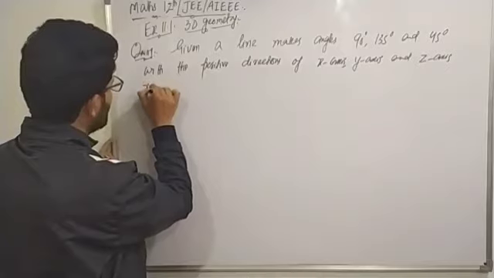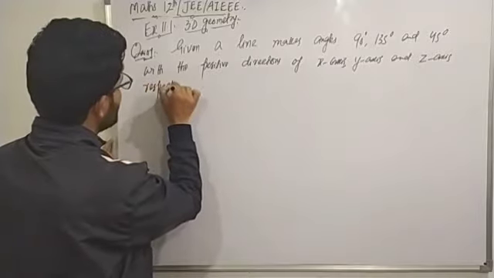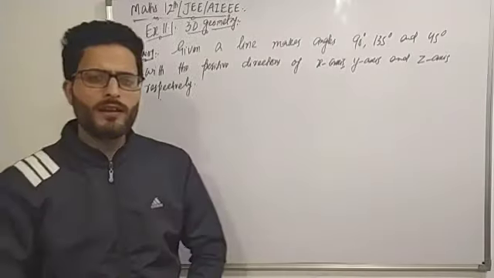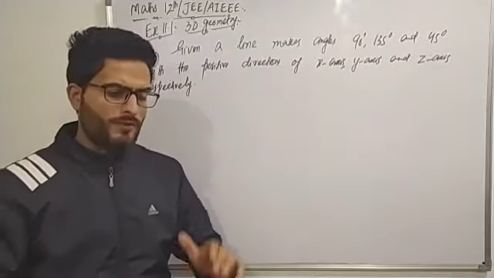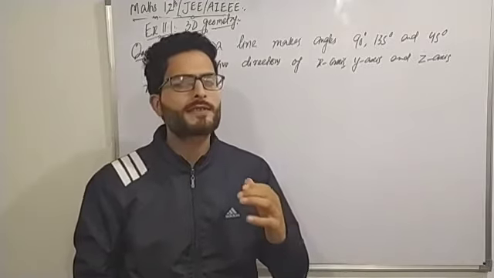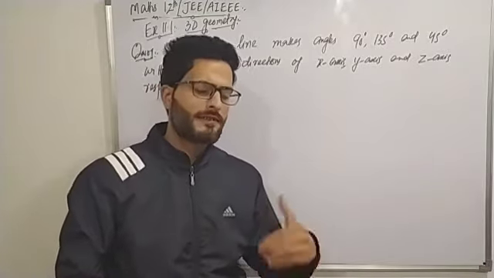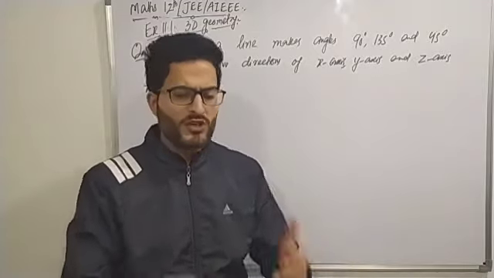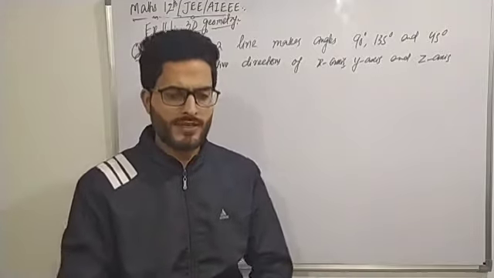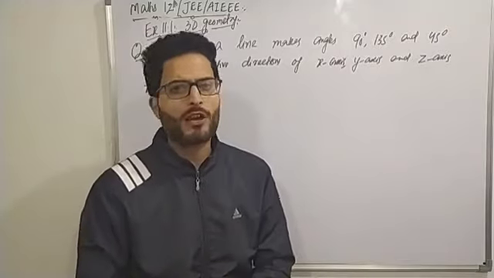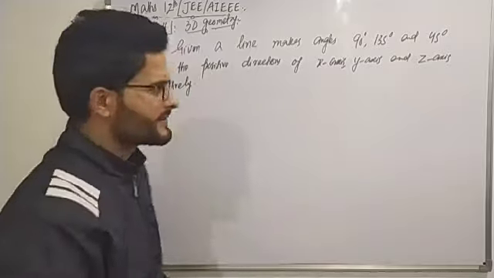So we are given the direction angles which a line makes with the coordinate axes, and if we have the direction angles, from them we can locate the direction cosines.